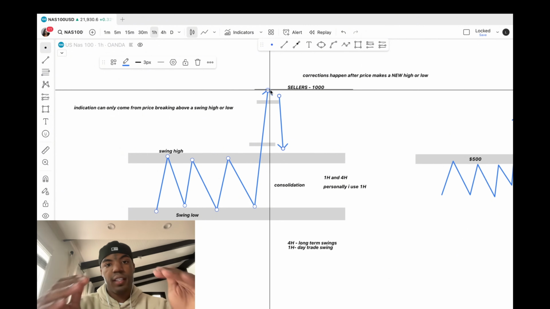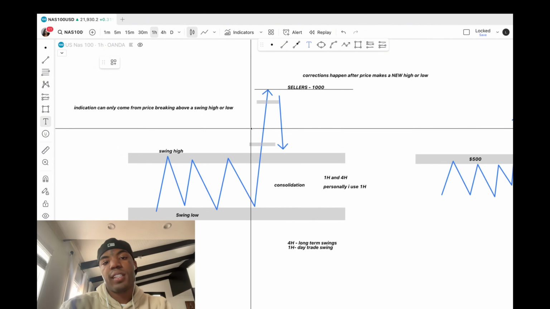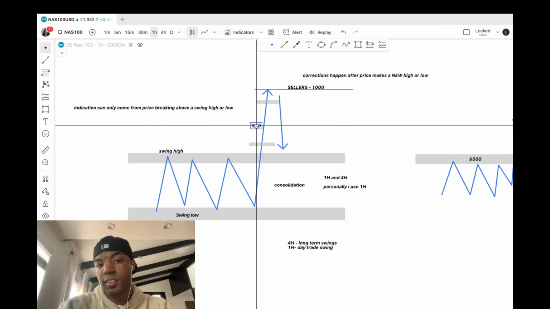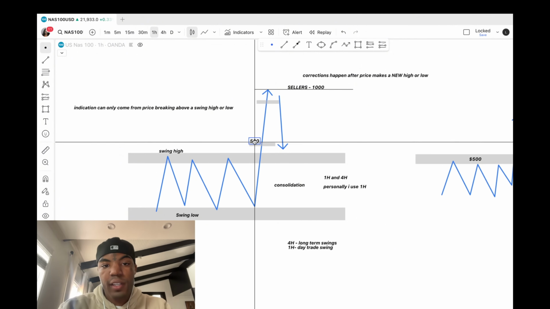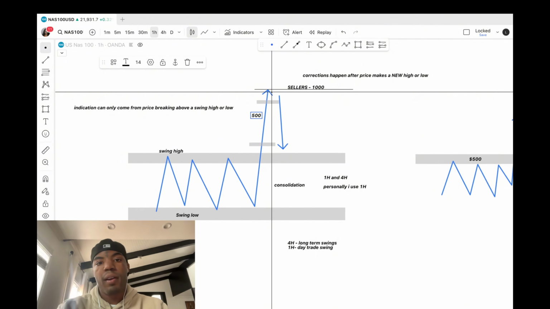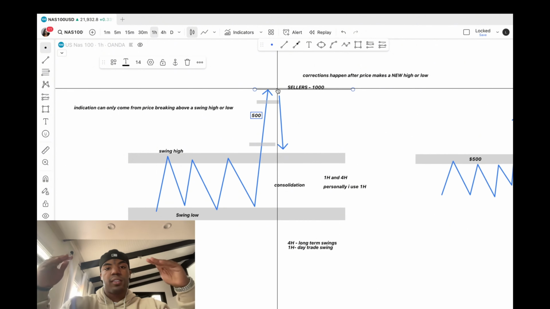There are so many sellers at this point, and let's say, and these are just example numbers, the market has trillions of dollars in it, but let's say with all the FOMO traders and everything, we only have 500 people in that market. The buyers are only going to go up to 1,000. They reached 1,000, so now they're like, oh bro, we don't have more buyers than we have sellers at this level.